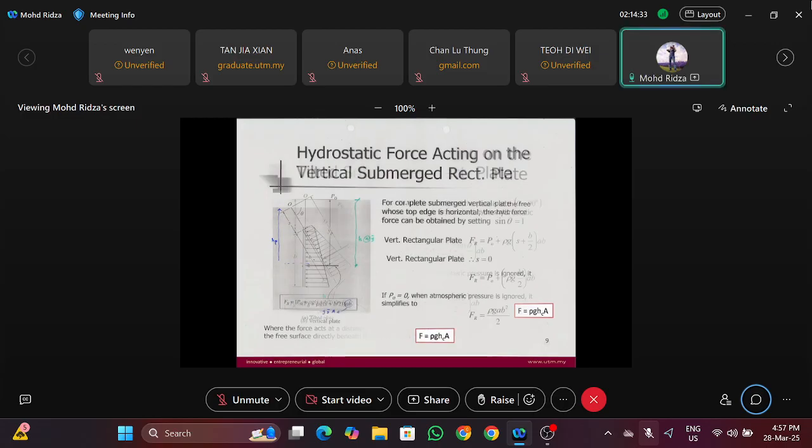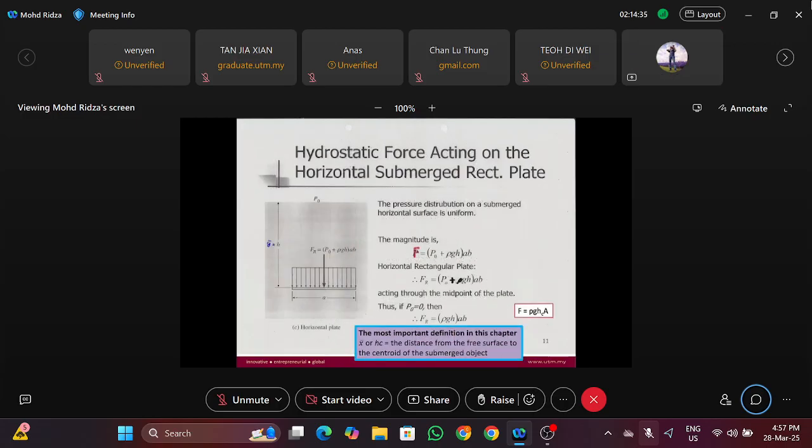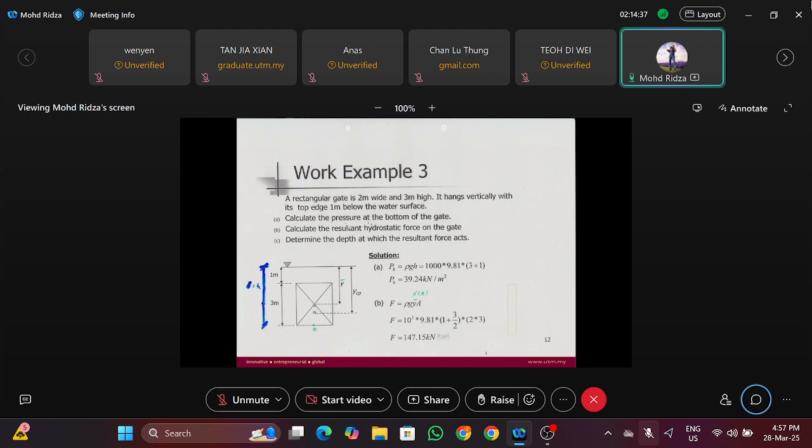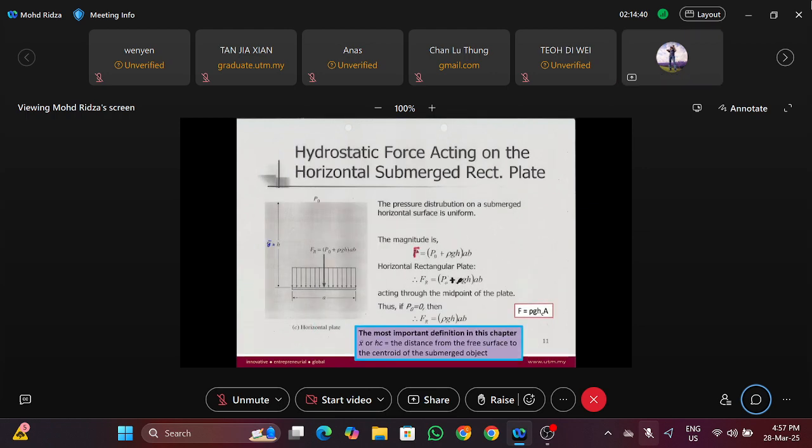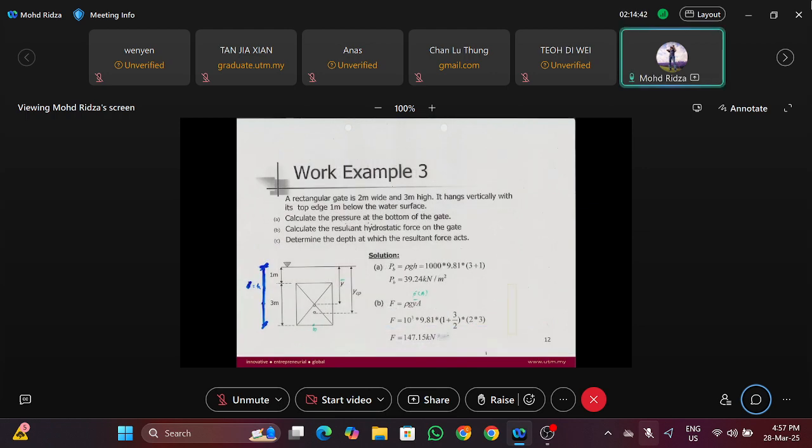Okay, let me browse through the slides. I think before we go to that one, let's look at this example first to make sure the understanding is there.